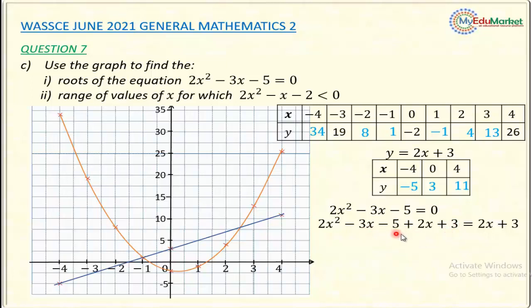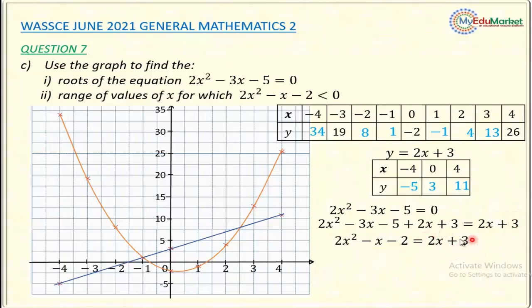So this is what I need to do, so that I modify this left hand side to resemble exactly the quadratic that we have drawn. So this will give you 2x squared minus x minus 2. Minus 3x plus 2x will be minus x, and minus 5 plus 3 will be minus 2. Then this is what you have on the right hand side.